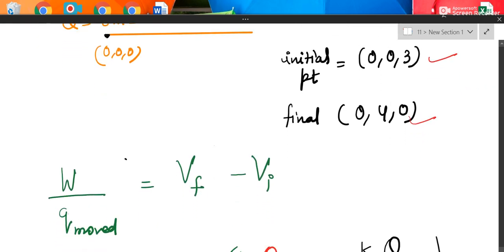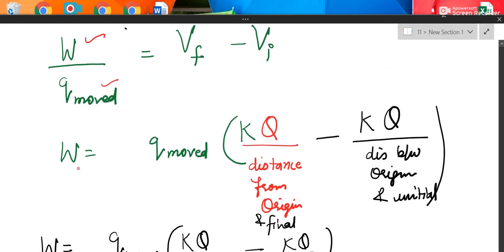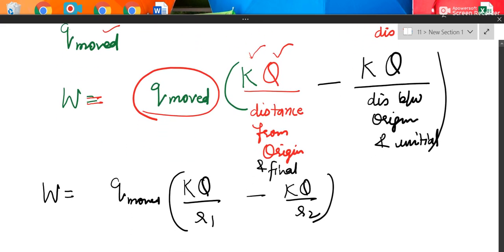Just note down. We know the formula of potential difference: W by Q moved is equal to V final, the potential at the final position, minus the potential at the initial position. So work done is to be calculated. The charge moved will go there inside. And V general formula is again KQ by distance. I have written K, charge with sign, upon distance. Distance between whom?